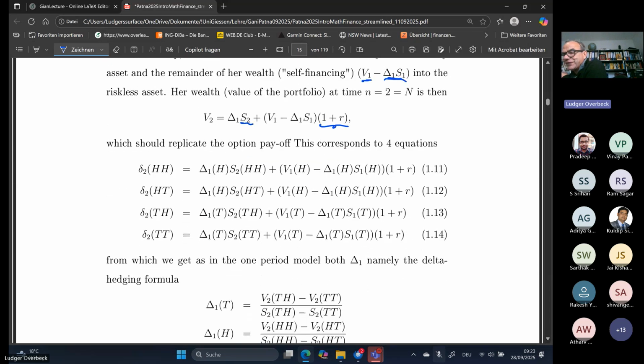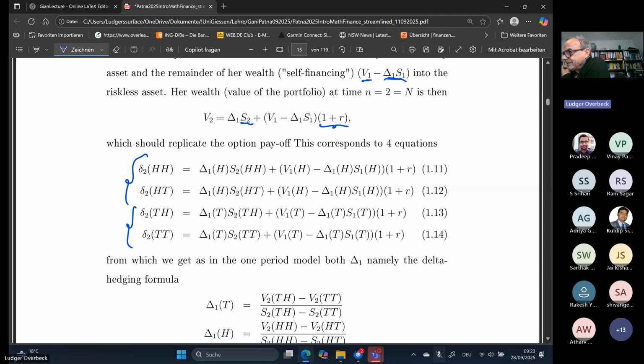Now we have to solve 4 equations. But of course, these are separated equations. This one is one step: you come from H and you go up and down, you come from T and you go up and down. There are 2 separated equations, and you solve them as before.